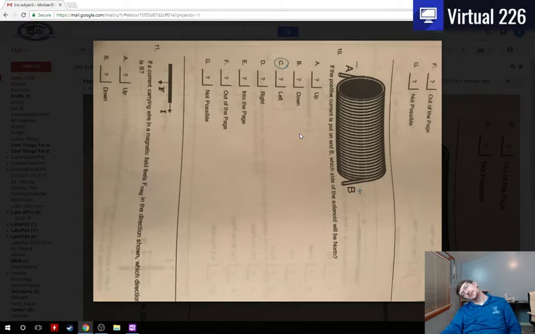If we look at this sideways picture again, if the positive current is put into side B, what this means is that the current is flowing from B to A. So the current is wrapping around B to A. So the current's going into the page up top and out of the page on the bottom.